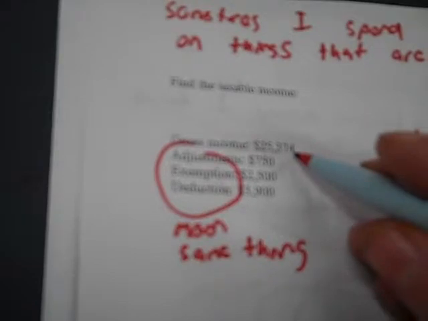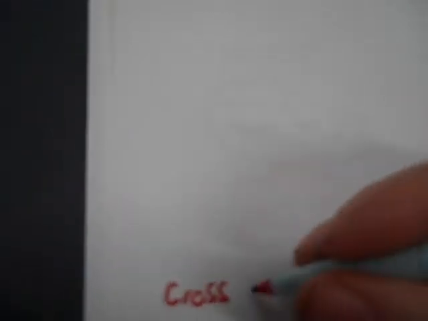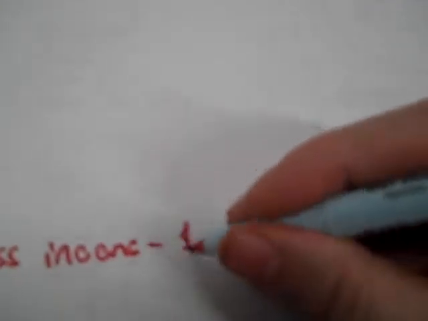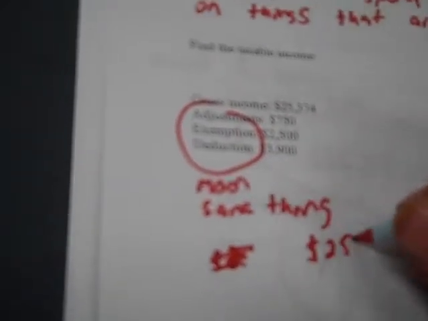That's what gross income is called, okay? By the way, go down here and write what gross income means. It's the money I make in a year, okay? So I made $25,374 in a year, okay? But I spent my money on these things that are tax exempt, money I can subtract so I have to pay less.